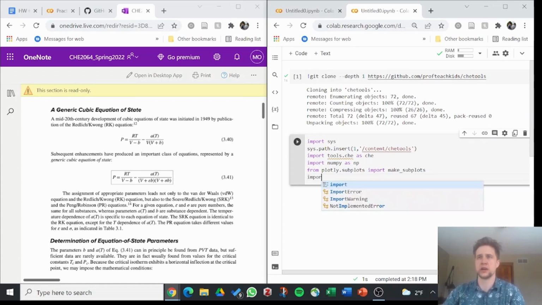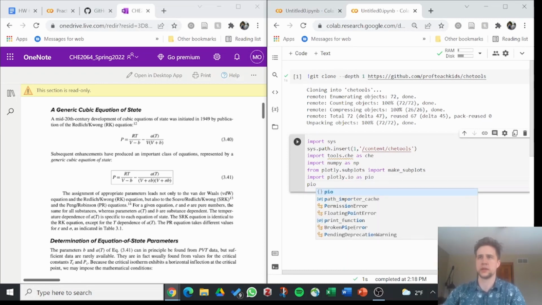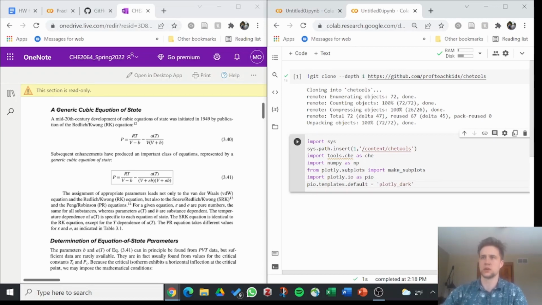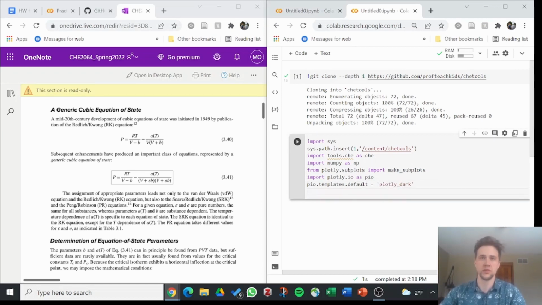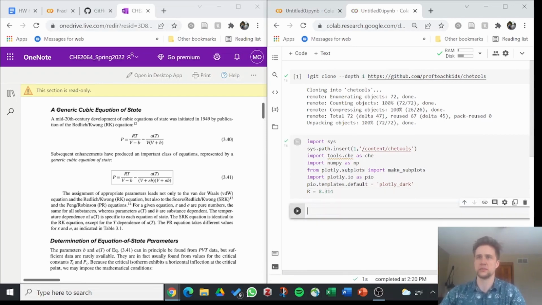So let's set our template now to dark. And because we're dealing with gases, we always have R as our constant, so let's define that as a variable now. We'll be using it later. Before I forget, let me just import all of that.